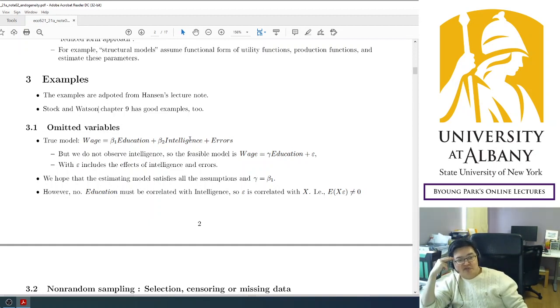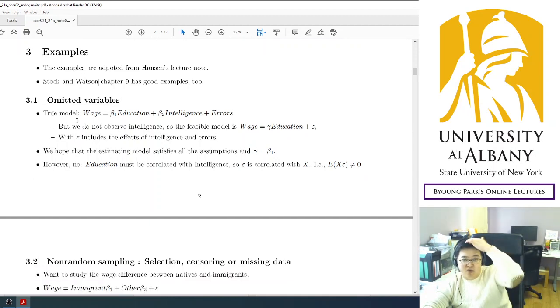It's just conceptual background. I'm going to talk about examples of endogeneity. Before defining what the endogeneity problem is, I will give you several examples where the endogeneity problem naturally arises.